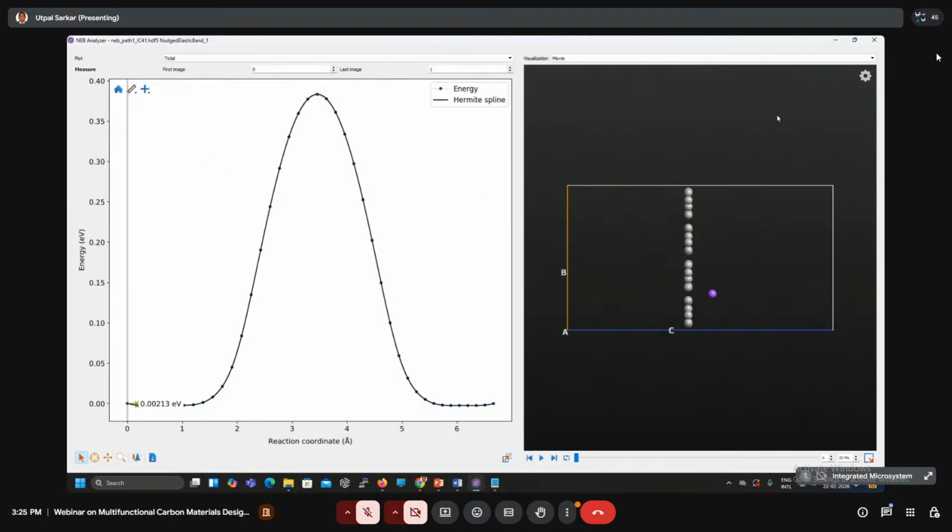And similarly, we have calculated the NEB for the second path. The energy barrier for path 1 is 0.38 electron volt. Y is the barrier, Y is equal to 0.38 electron volt.